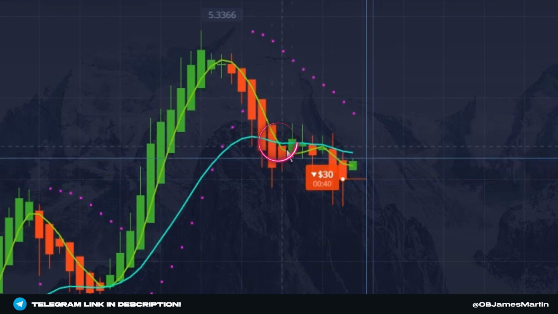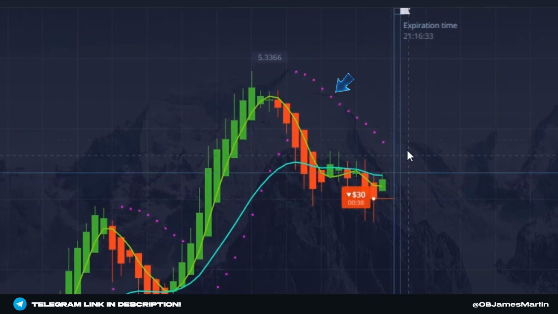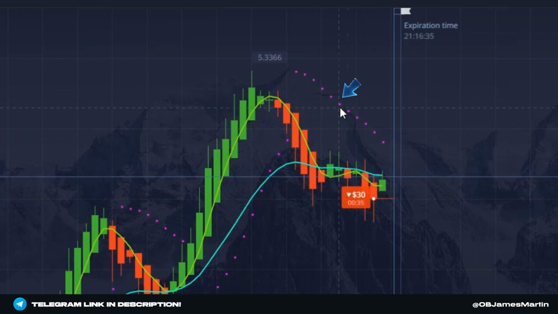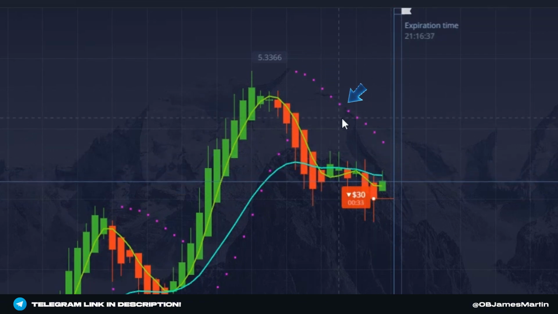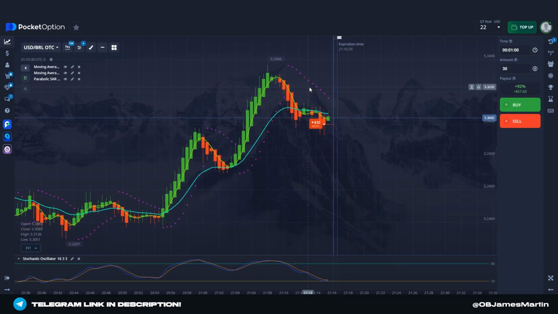You can also see the Parabolic SAR dots pointing down. I also told you before, you can take a trade when you see the last 3 or at most 7, 8 Parabolic SAR dots printed right here. If you see more than that, please do not take trades.